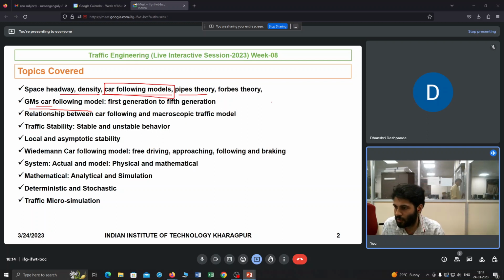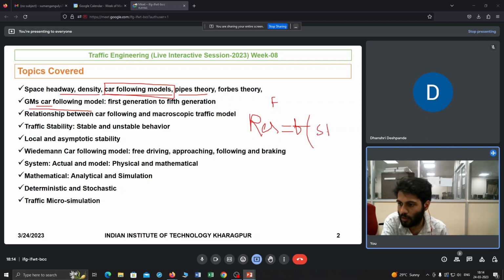So first is the first generation General Motors model. Before that, I already told you that car following is about the interaction, right? So what is the response of the following vehicle? Generally, you can say that response is a function of stimuli, it is already given in the PPT, and the sensitivity, right?